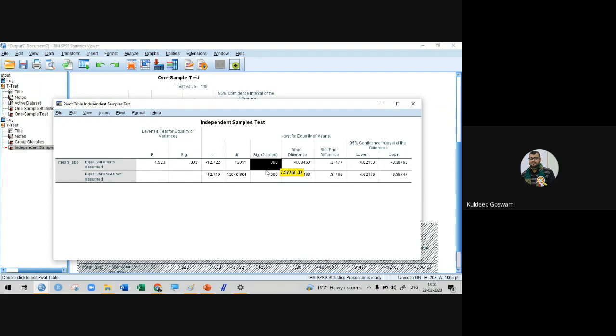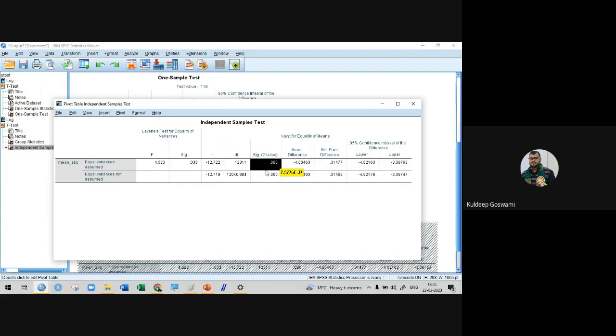You may use an approximate sign, or just write approximately 0. Because if you see the highlighted figure, it is not equal to 0. Since SPSS considers only three decimal places, it shows 0, but it is not exactly 0. So instead of writing 0, write approximately equal to 0.